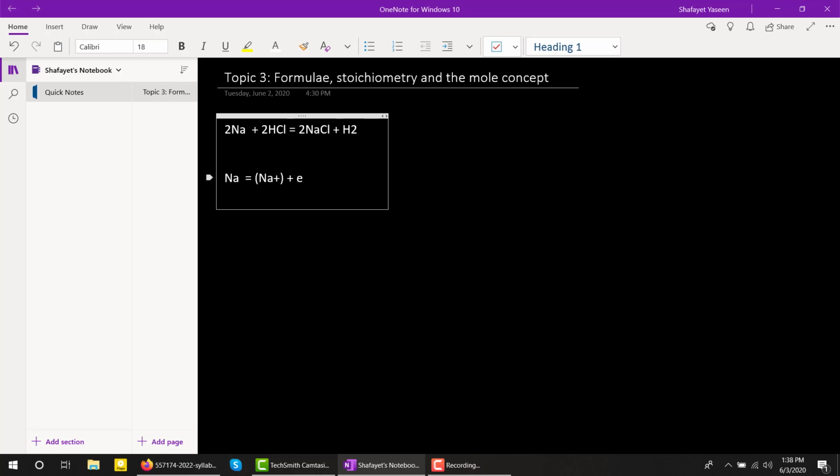Since chlorine exists as Cl2 under standard conditions, two ions of Cl minus must be formed at the other end, which means that if one chlorine atom gains one electron to become one chlorine ion, two chlorine atoms must gain two electrons to become two chlorine ions.